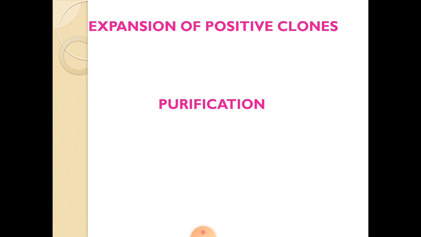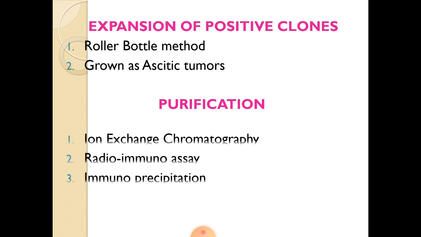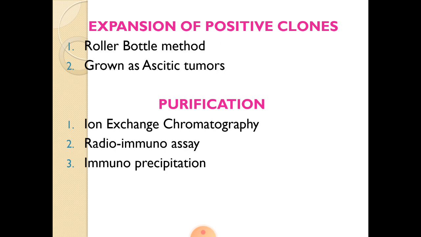Then, expansion of positive clones can be done by two methods, either by roller bottle method or they may be grown as ascitic tumors. Then the purification of MAbs can be done either by ion exchange chromatography or radioimmunoassay or immunoprecipitation.